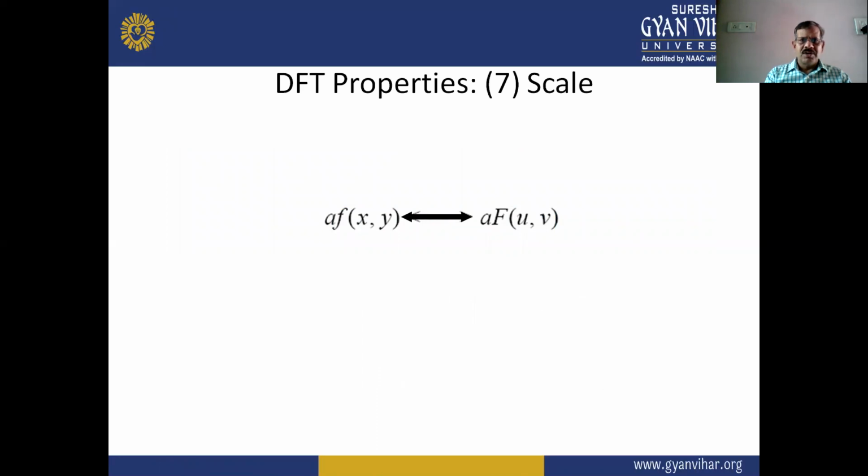The seventh property of the DFT is scale: a f(x,y) equals a F(u,v). So this is the scale property of the DFT.